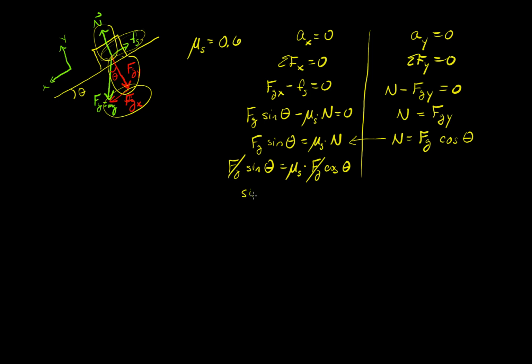So I get sine theta divided by cosine theta is equal to the coefficient of static friction. And sine over cosine is tangent. So I get tangent theta is the coefficient of static. And so theta is going to be arctan of the coefficient of static friction. So this would be the angle max. That's how high I could go before this thing broke free.